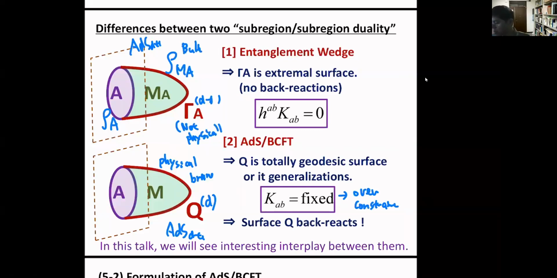Let me write it here. This is codimension 1. Γ_A is codimension 2, because entropy is always related to a codimension 2 surface. What's the holographic dual of the strip? I think I will come back to this later, so please wait a bit.